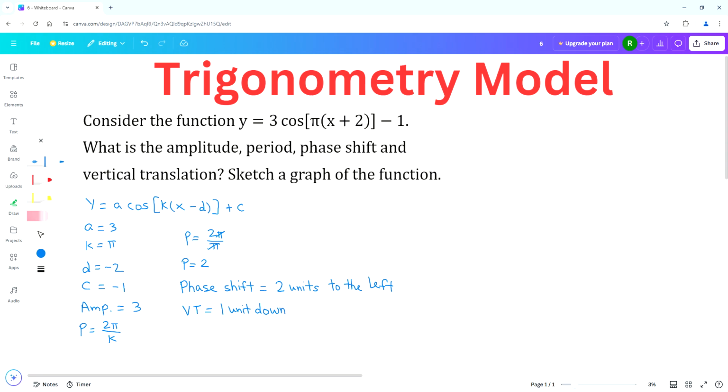Now we can sketch a graph for the function. We can use the mapping rule or mapping formula to find the points that lie on the given transformed function. Let's start by writing the mapping rule or formula.